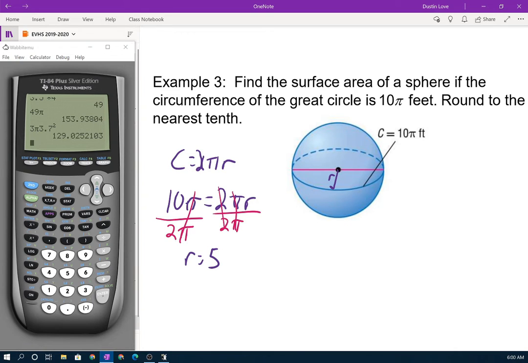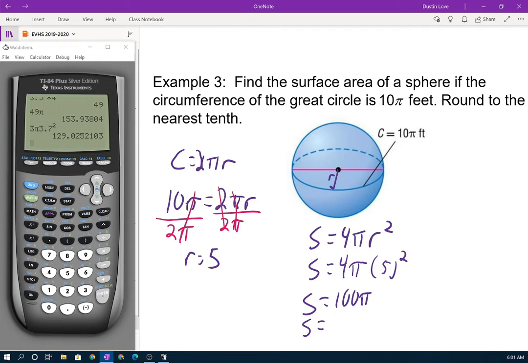Now from there, I'm going to calculate the surface area. 4 pi r squared. So 4 times pi times 5 squared. 5 squared is 25 times 4, that is 100 pi, which is one I can even do without the calculator.